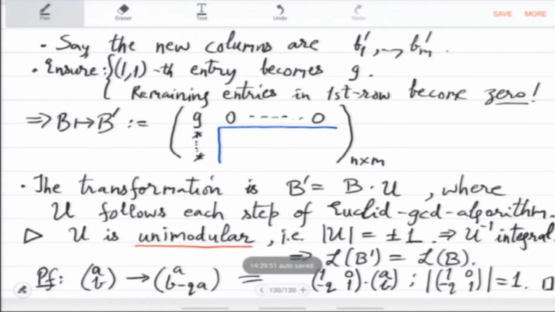So it will always remain plus minus 1 in the kind of transformations that we did. That finishes the first step. Now we have to focus on this blue part, the submatrix.